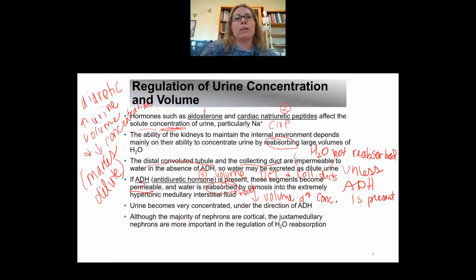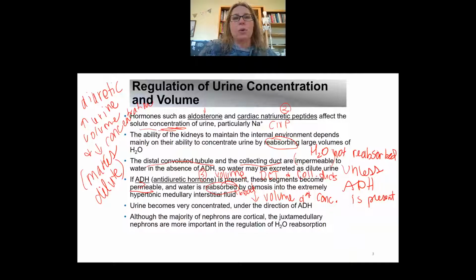For example, if a person becomes dehydrated, they're going to want to recycle that water. They're not going to want to urinate out that extra water and get more dehydrated. So in that situation, you don't want a diuretic, you want an antidiuretic.